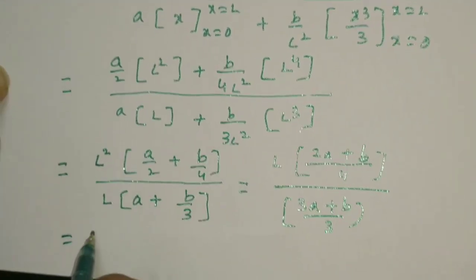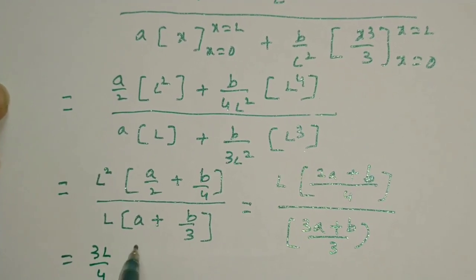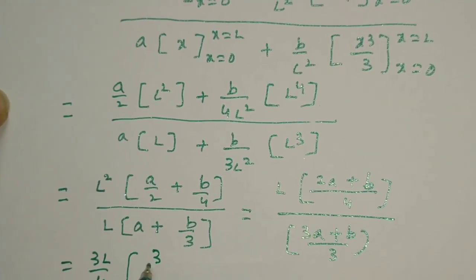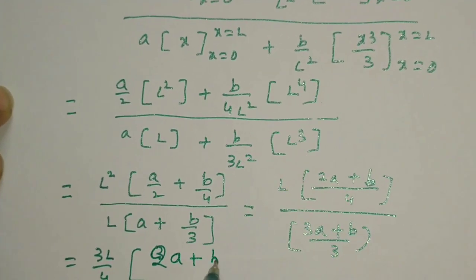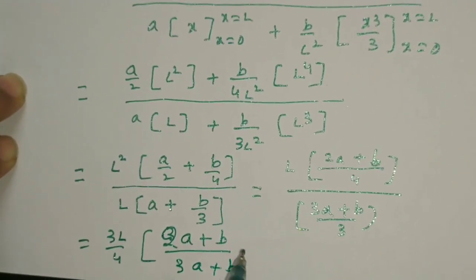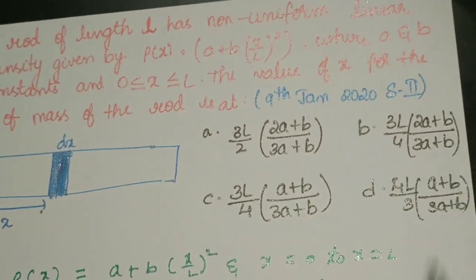This is equal to 3L by 4 times (2a plus b) divided by (3a plus b). Hence, B is the correct answer.